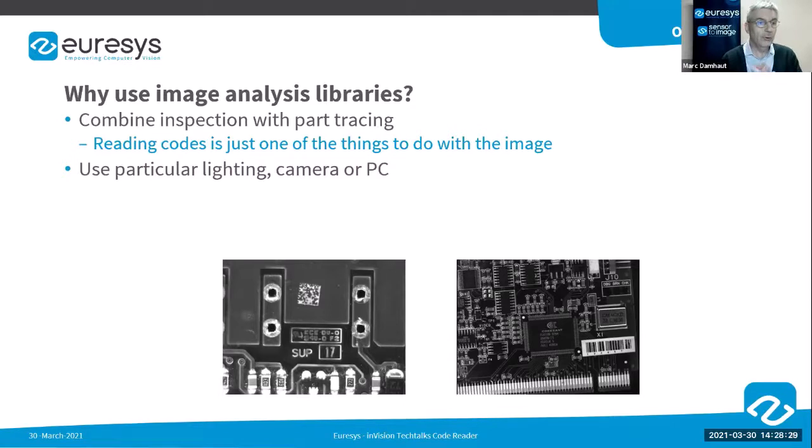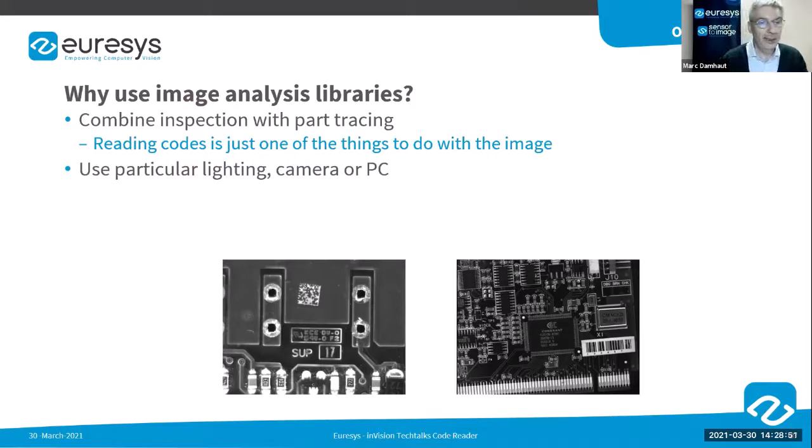You can also use very particular cameras. You can use super high resolution cameras, or very low cost cameras. You could use infrared cameras. You can even use a line scan camera. If your application requires a line scan camera for inspection and you have a code to read in the image, this will work with our image analysis libraries.